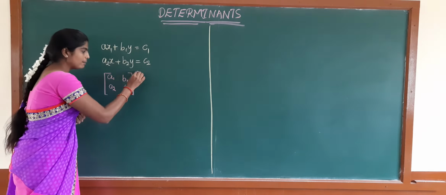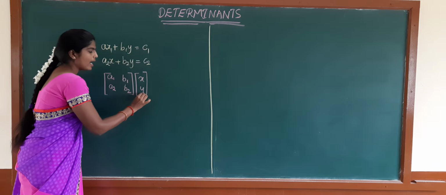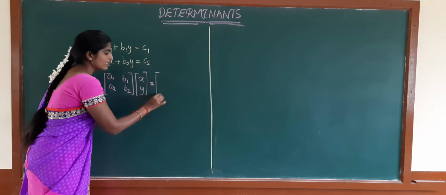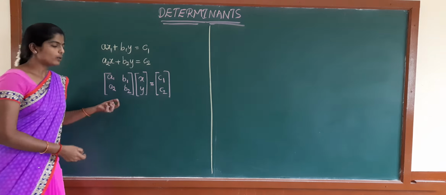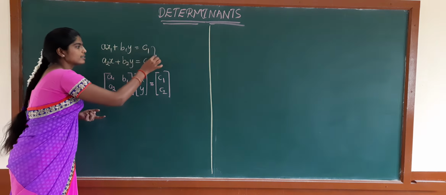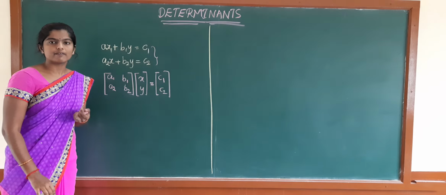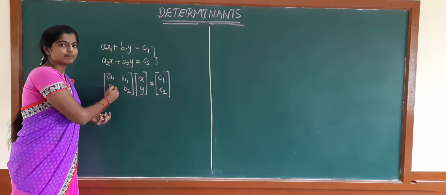Then we multiply this matrix with x and y, and it is equal to the constants c1, c2. When you multiply this, we get the system of linear equations.